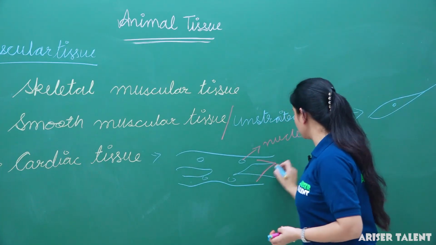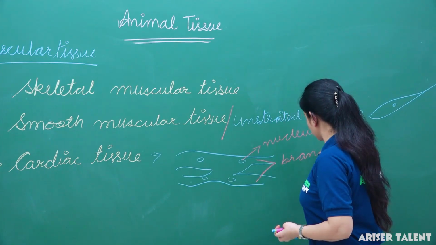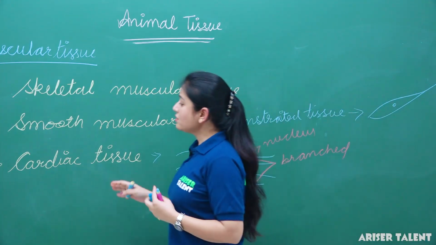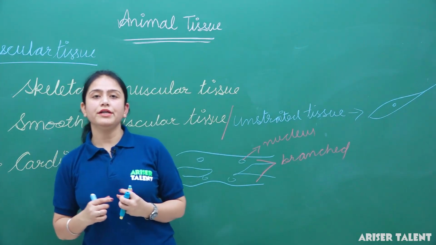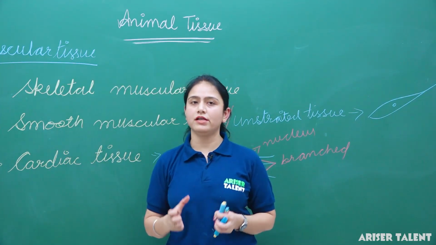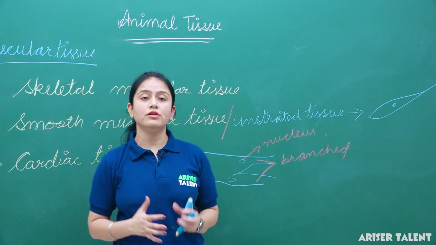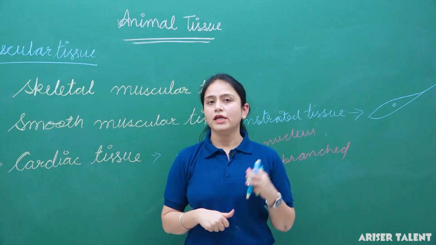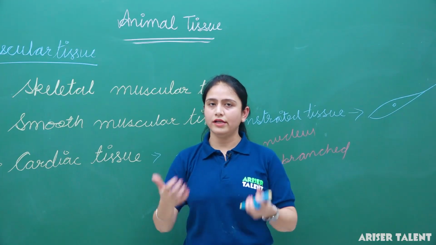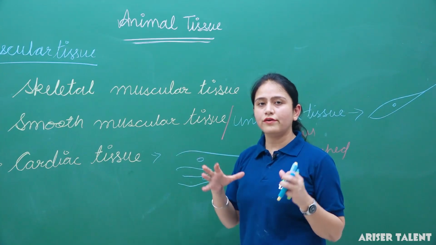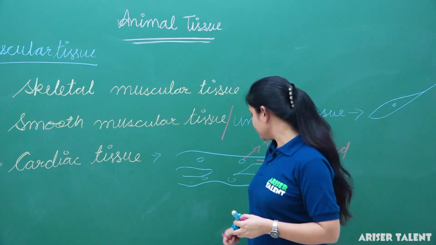What is the function of cardiac tissue? Cardiac tissue helps in contraction and relaxation of the cell, and due to the contraction and relaxation, the heart pumps the blood out of the heart and into the heart. So, the function of cardiac tissue is contraction and relaxation.